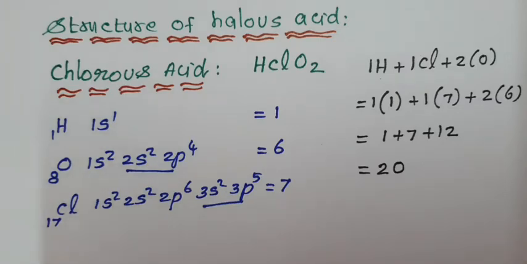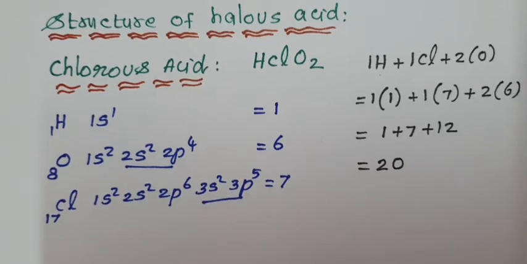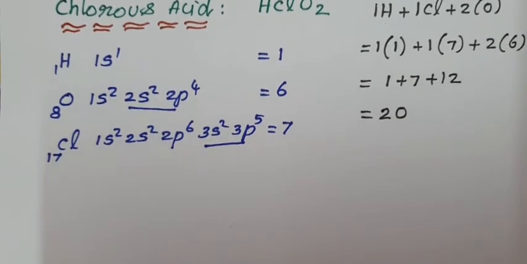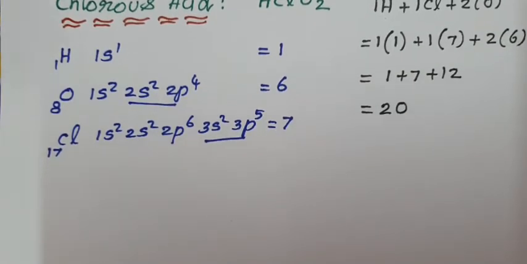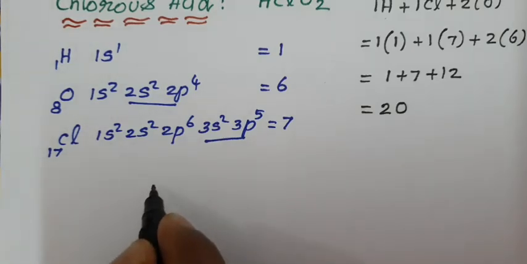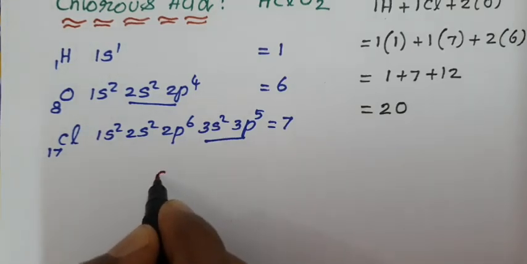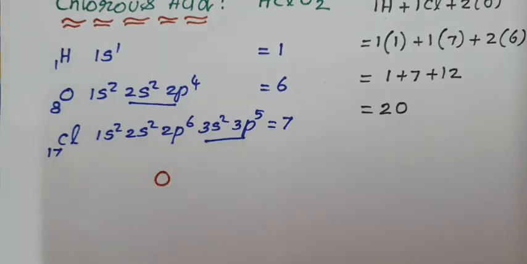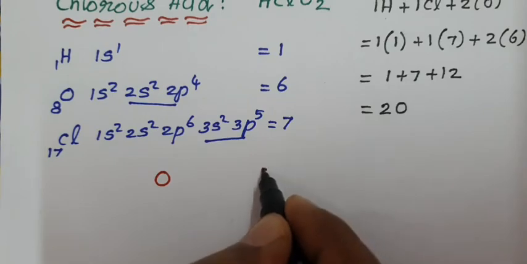Now, draw the structure of HClO2 from the number of valence electrons. How to draw? Hydrogen, oxygen, chlorine, oxygen.